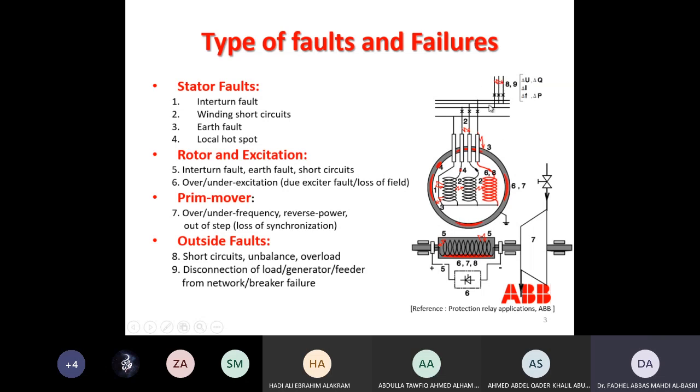Or sometimes the machine is off and suddenly you close the breaker without synchronization, and as a result you also want to detect this condition. Or sometimes breaker failure: you want to close and it's not closed. So we also want to detect this.